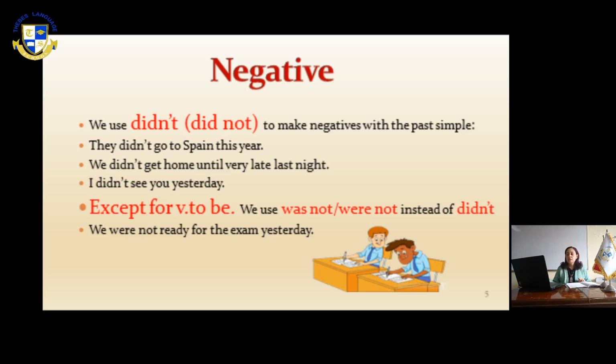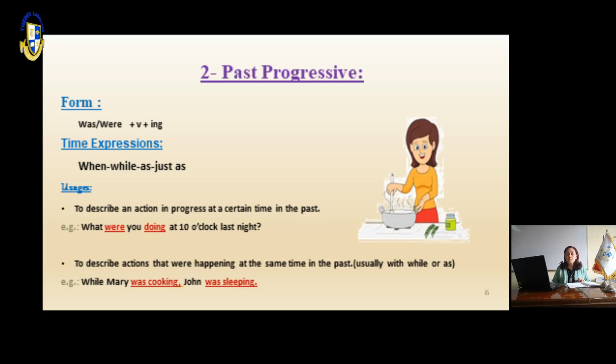Slide 6, we are going now to talk about the past progressive. Its form, we form this tense by using was or were plus verb plus ing. A lot of time expressions like when, while, as, just as. We use it to describe an action in progress at a certain time in the past.